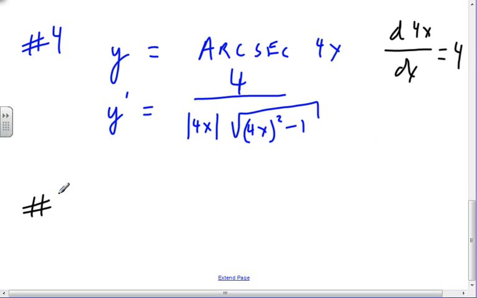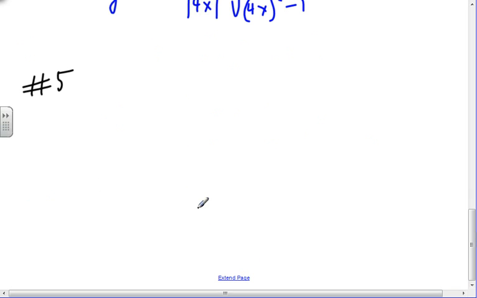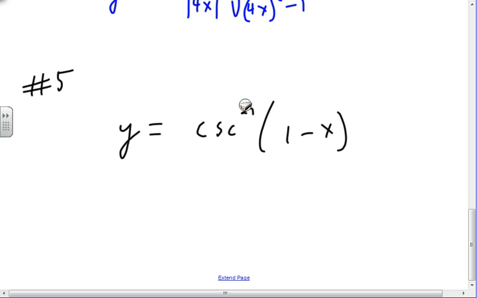Okay, number 5. There's some pattern here. I wish I knew what it was. All right, y is the arc cosecant of 1 minus x. So y prime is equal to, I look at the arc cosecant, and I need a minus sign.